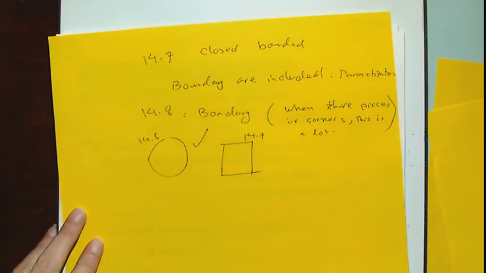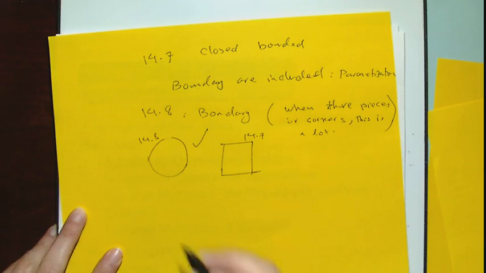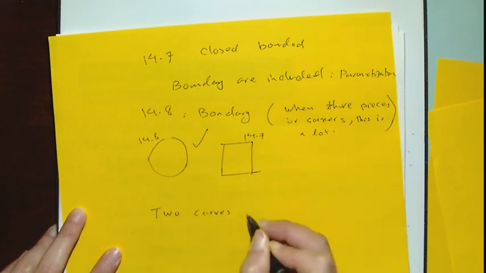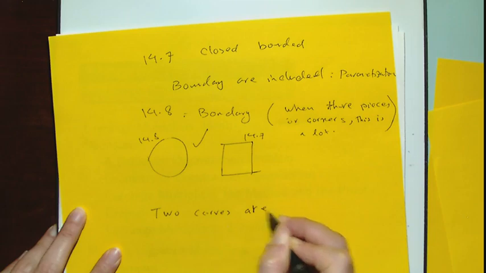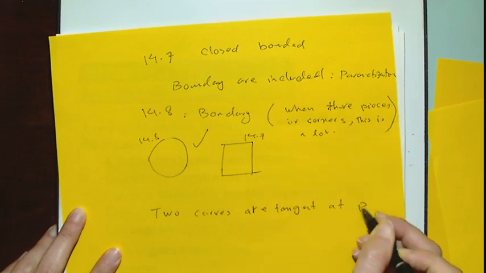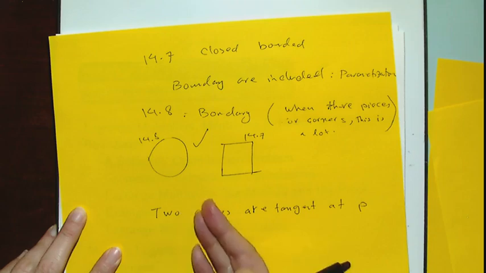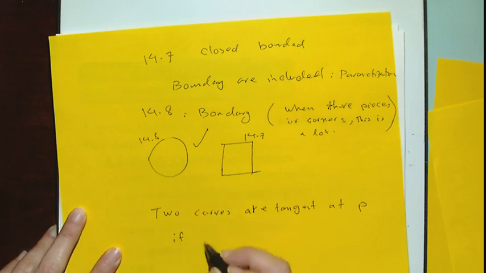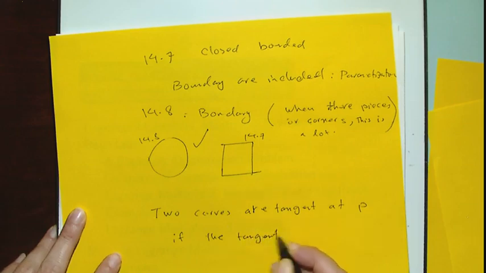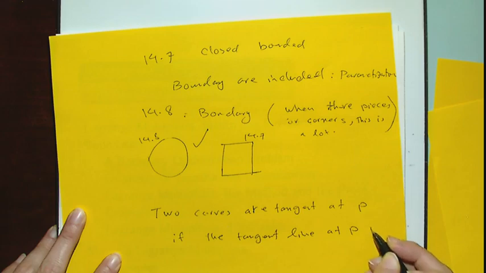Now, I define this: two curves are tangent at P, meaning that P is included in both curves, if the tangent line is the same. The tangent line at P is unique, is the same for both.